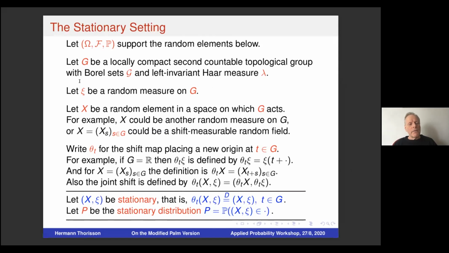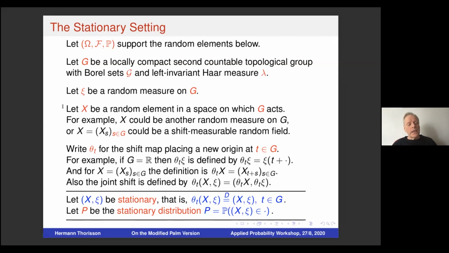So I have a general probability space supporting all random elements below, and G is a locally compact second countable topological group with the Borel sets, so it's a very general setting, and left invariant Haar measure lambda. And let Xi be a random measure on G, and in our example, G is simply the integers, and Xi is the coin tosses.